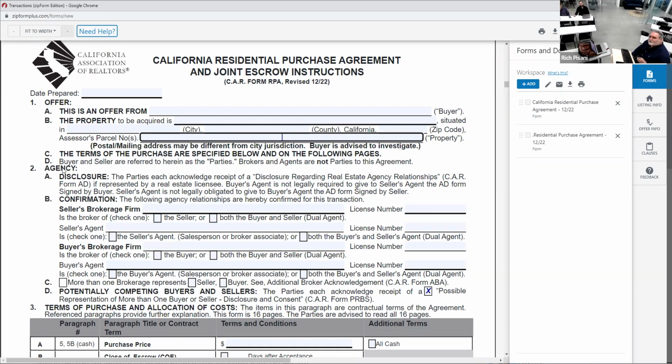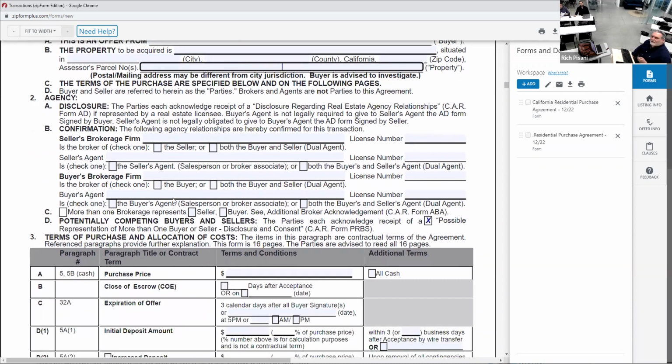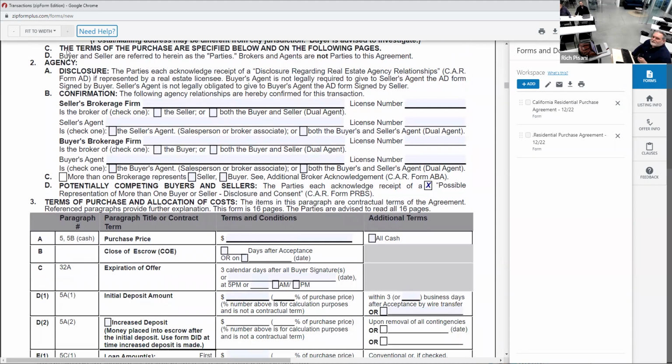The terms of the purchase are specified below. The first thing that you need to get out is this thing called agency. The very first form that's bundled with this is called the agency disclosure, and it's a law by statute that you need to have two things by law.